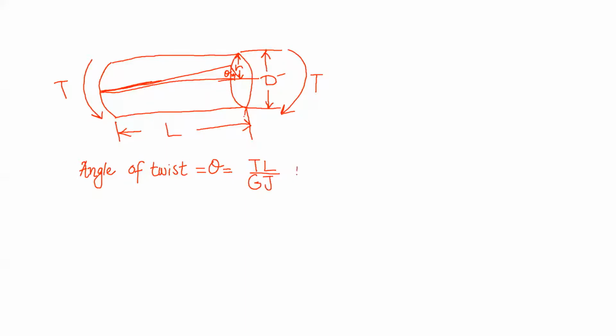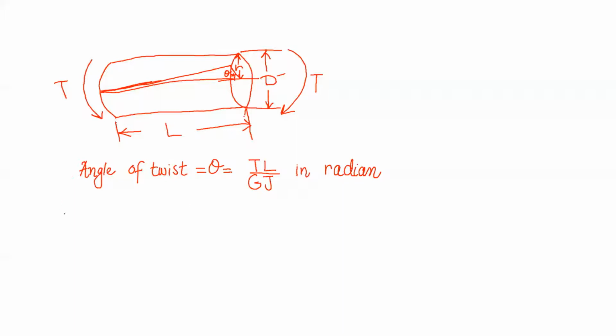Theta is in radians; this formula is for radians. If the question asks you to find the angle of twist theta in degrees, then obviously you have to convert radians into degrees. With this formula you will get the angle of twist theta in radians.